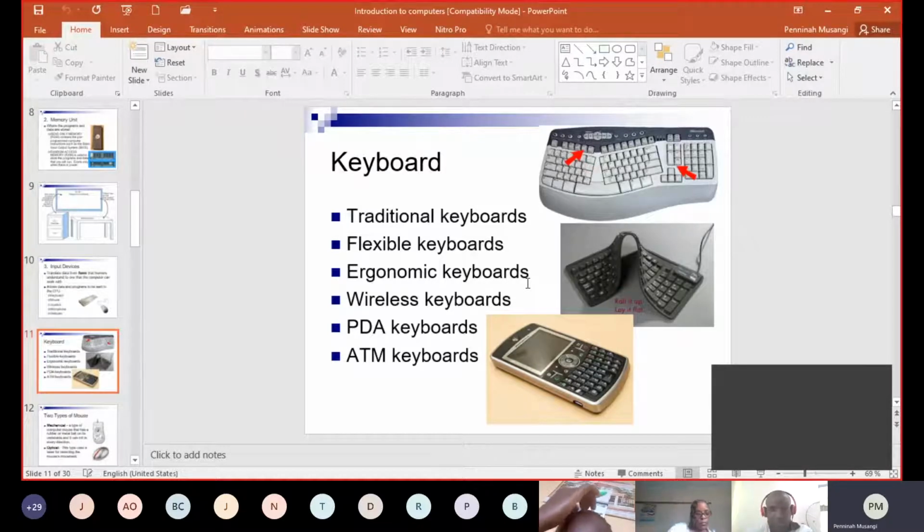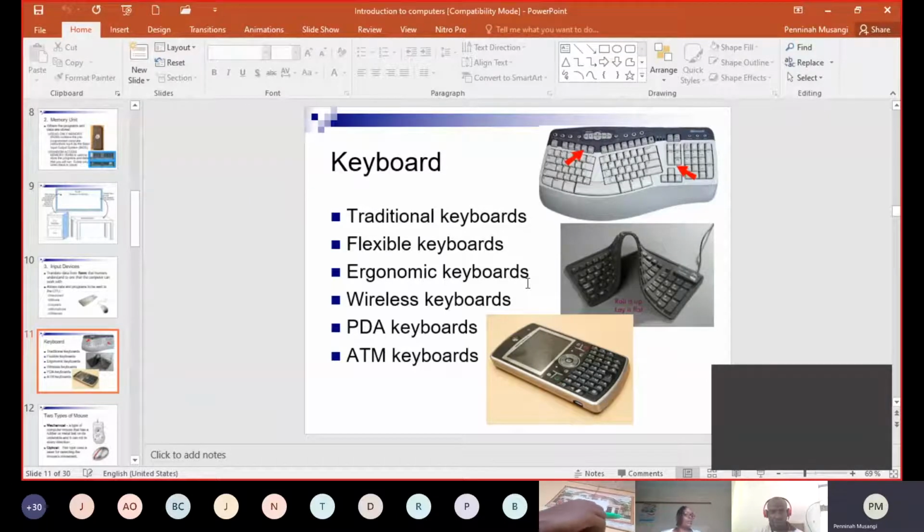I've not seen it in the market, but we will cover it in the challenges of health with ICT. Prolonged use of the keyboard can bring, and you being health practitioners, you know that it can bring problems with the fingers, the joints in your hands. So there was an invention of the ergonomic keyboard which allows you to place your fingers in the right way.